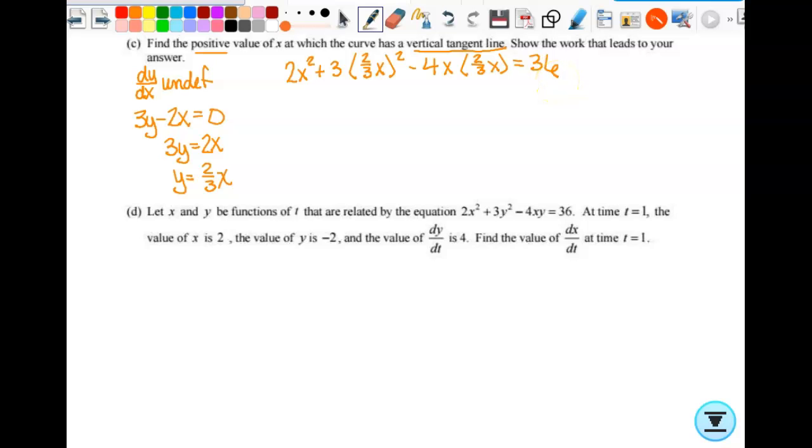Everybody understand where everything came from there? I just substituted it in. Because this is going to be undefined when this is true, and they're still all the same x and y values. All right, so let me clean this up.